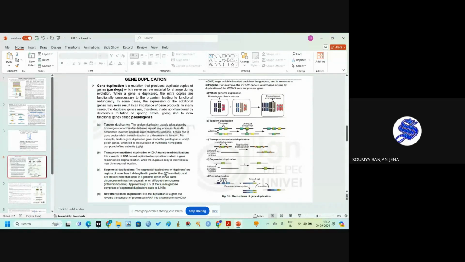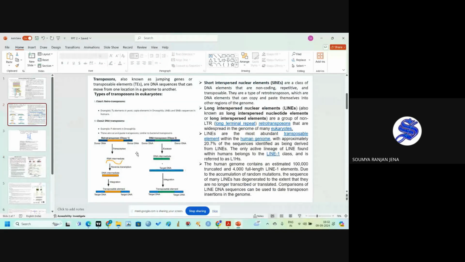Then the fourth one is retrotransposed duplication, and it is the duplication of a gene via reverse transcription of processed mRNA into a complementary DNA copy which is inserted back into the genome. Here we described how this retrotransposition occurs.